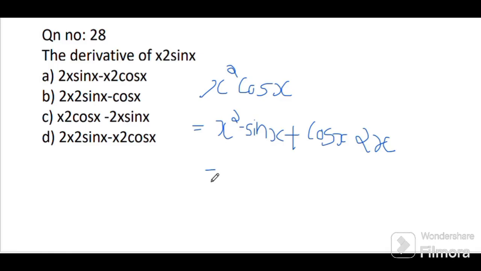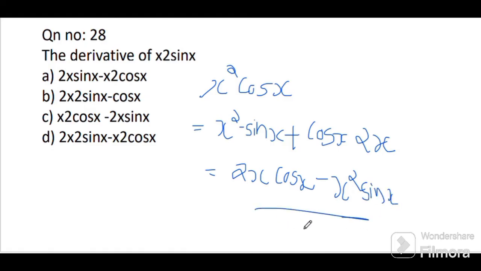So the answer will be 2x cos x minus x square sin x. That's it. Next question.